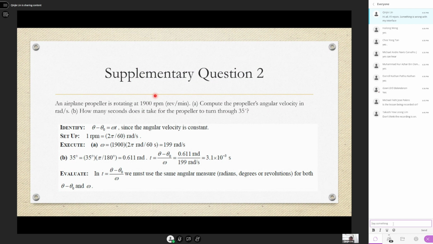So we will find out which kinematic equation to use. Of course, don't forget this degree, convert to radians first. In this question, there will be no acceleration. They just tell you the propeller is rotating at a speed and never changes the speed, so there's no acceleration. So the equation to use is this one, from our s equals ut plus half at squared equivalent.